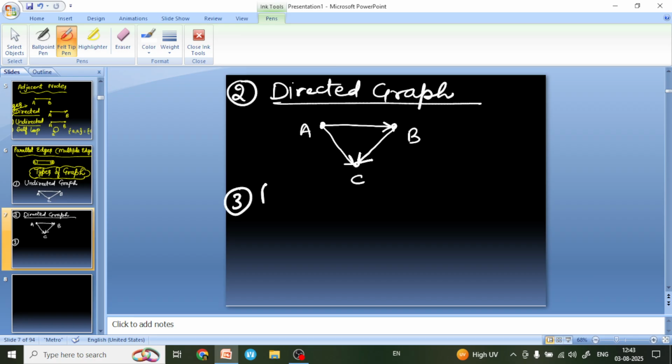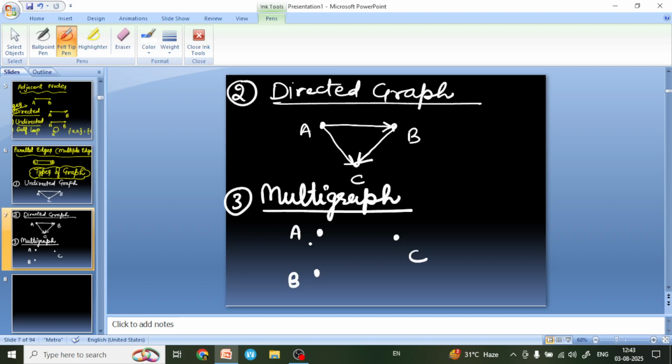Third one is multigraph. In a multigraph, you can see A, B, C. When two edges are drawn on the same vertices, that is known as a multigraph.